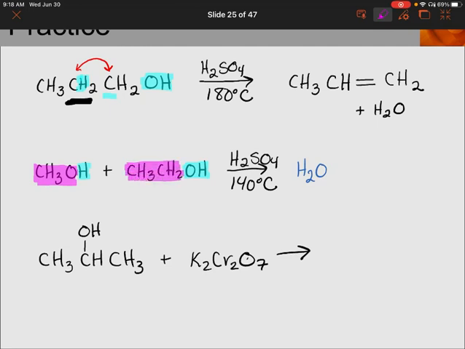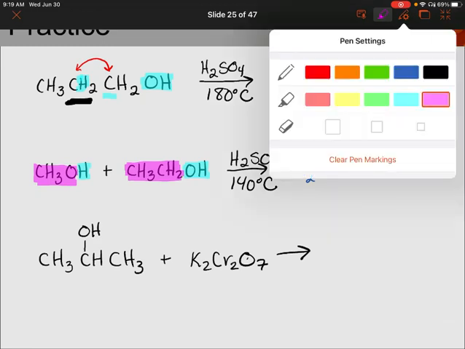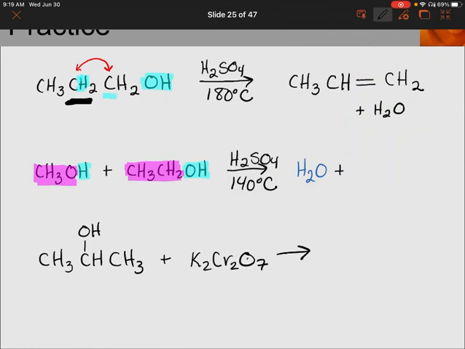It doesn't really matter which alcohol you take the OH from and which one you take the hydrogen from. You'll still get the same product, so it's okay if you did it slightly differently than I did. Our product should be CH3O, and then we're going to add this ethyl group, CH2CH3.